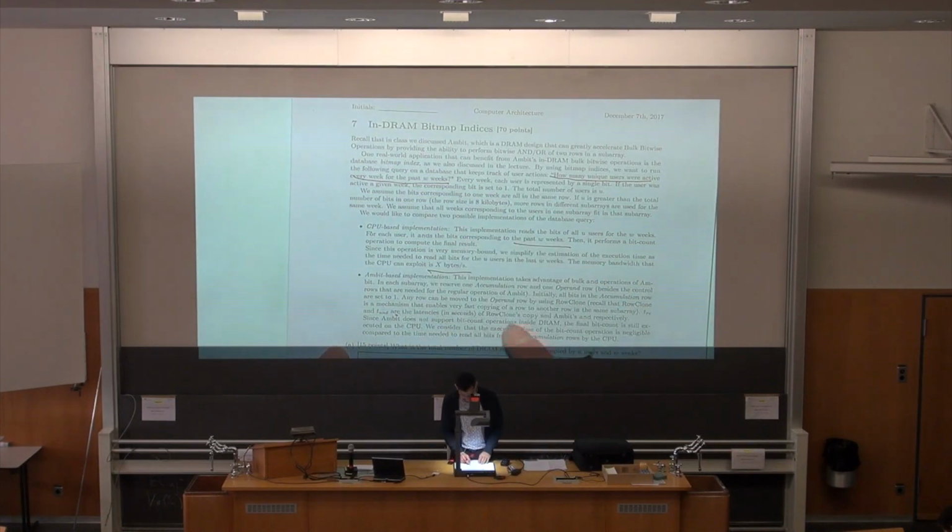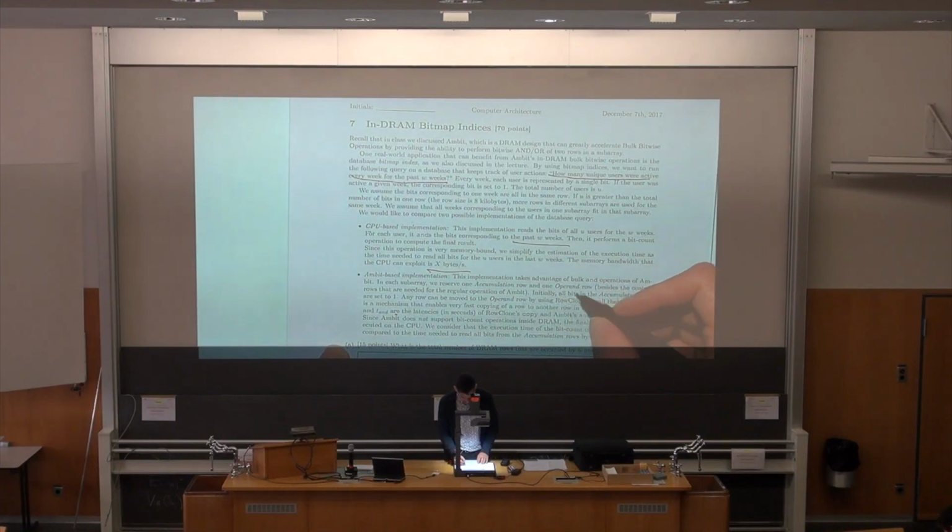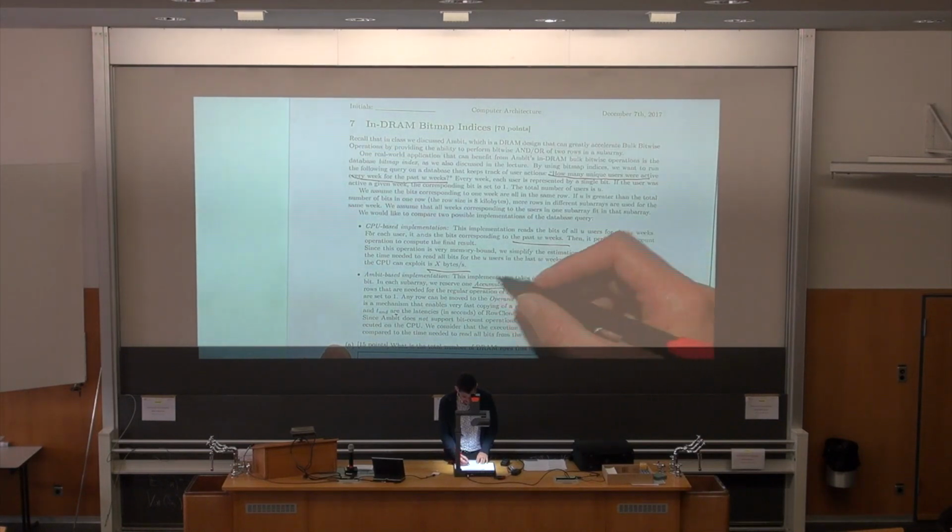We also have our Ambit implementation, where you can take advantage of the AND operation. Each subarray has one row for accumulation and one row for the operand. So you copy the data to the operand and then do the AND with the accumulation.